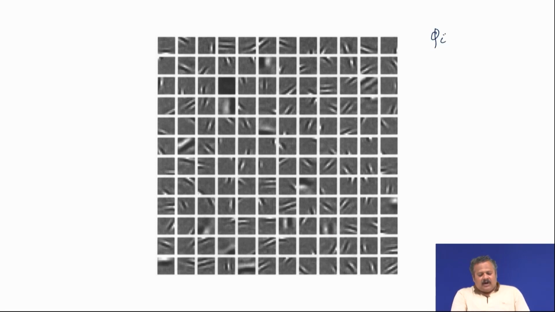I think there are 144 12 by 12 phi i's, phi i meaning the 144 receptive fields, which are used to operate on the image at every region, and then each of these, based on the dot product with the image, we are getting an activity, and that activity will be following a sparse distribution.